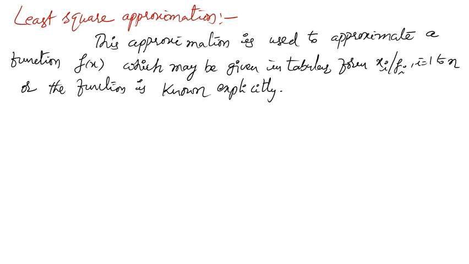Function is known explicitly means the function will be given, f of x equal to x square or x cube, like that. So the function is known, or it is known in tabular form, that is x values versus function values.